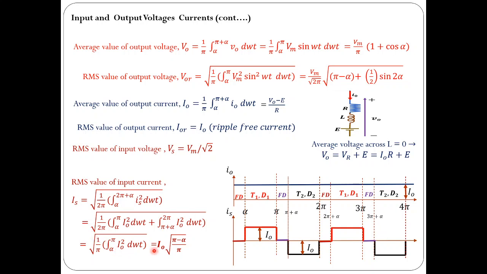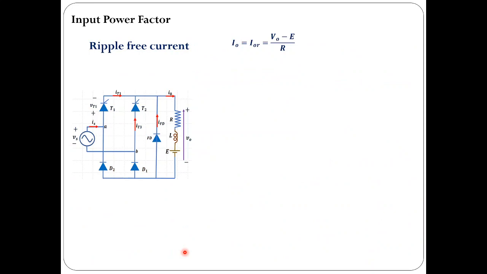Still you will get this kind of formula: I naught into square root of (pi minus alpha) by pi, where pi minus alpha is the conduction period of the source during the positive half cycle, and pi is the period in angle, in radians, to complete the half cycle.